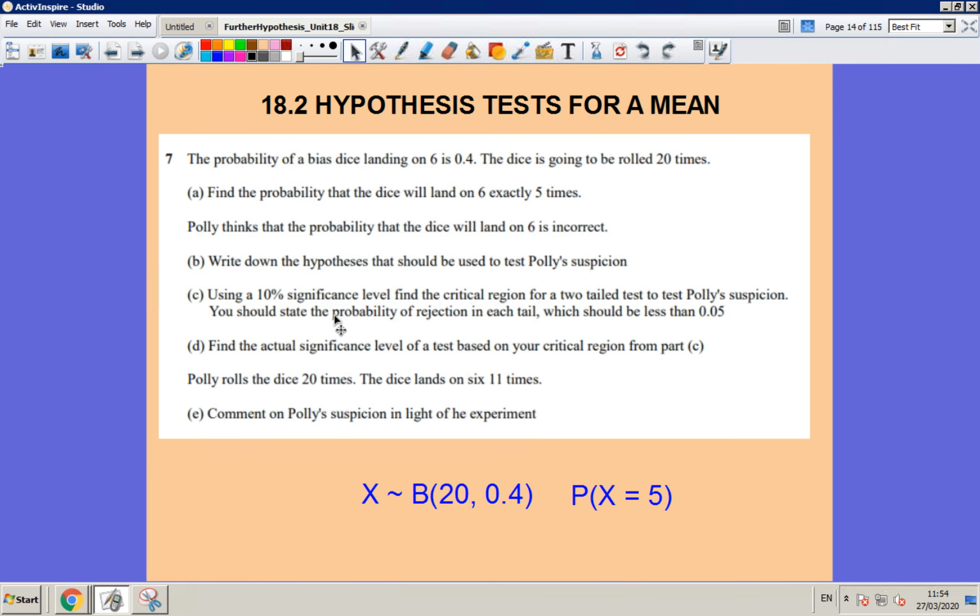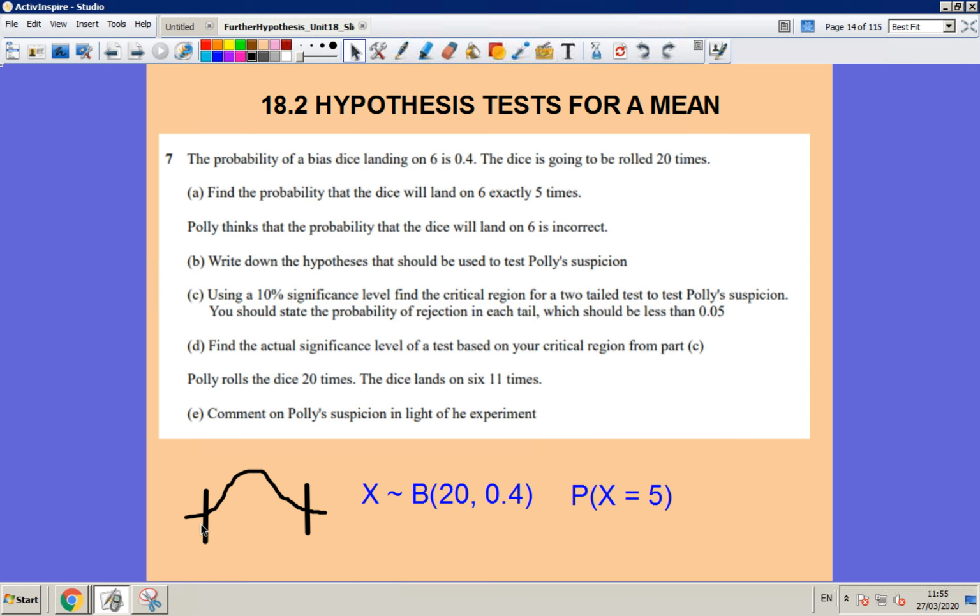Then the next question says, use a 10% significance level, find the critical region for a two-tailed test to test Polly's suspicion. You should state the probability of rejection in each tail, which should be less than 0.05. So we've got a binomial distribution, and we're interested in what events are such that if we got those events, we would think it is unlikely that this probability of 0.4 is correct.